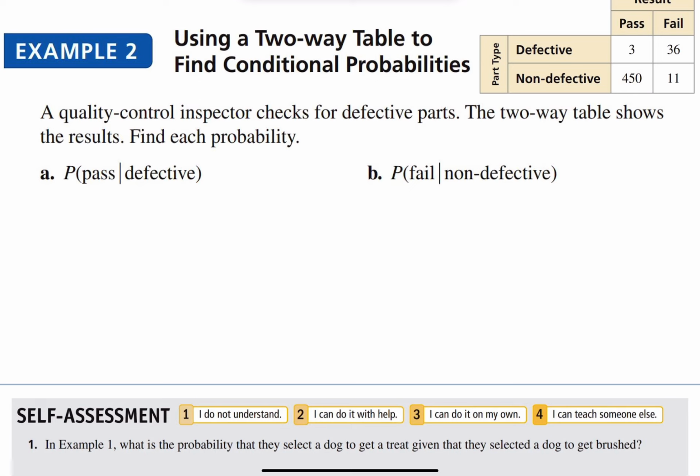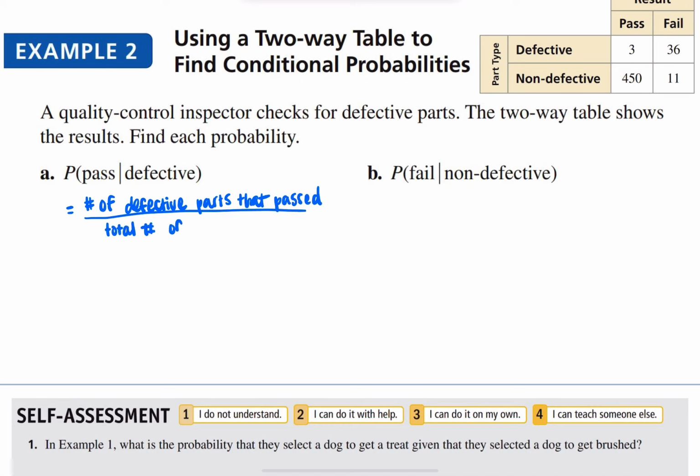The way we're going to find this is we're going to find the number of defective parts that passed over the given, which is the total number of defective parts. So the number of defective parts that passed is right here.